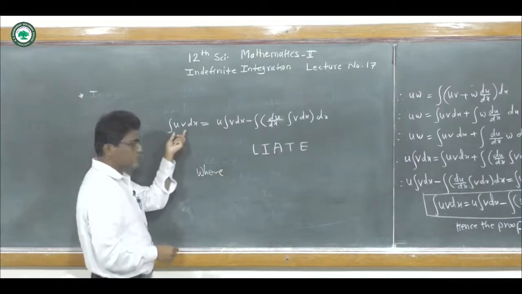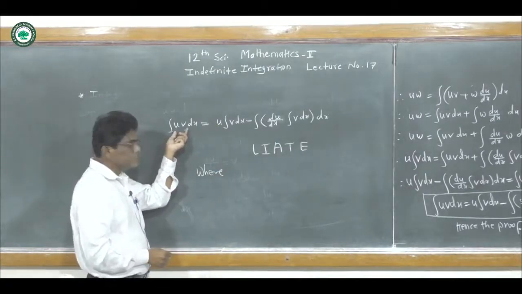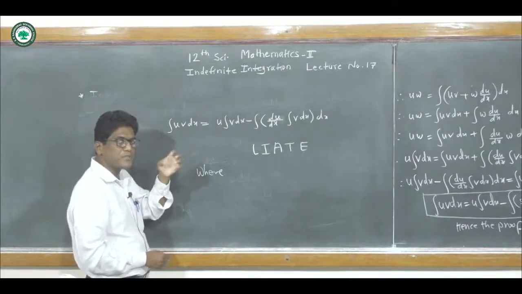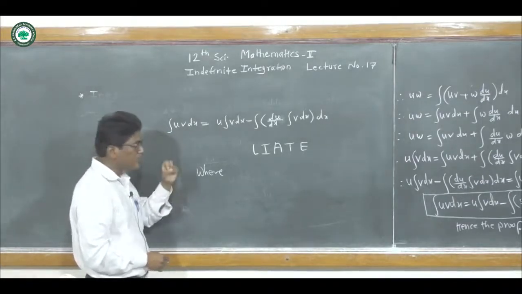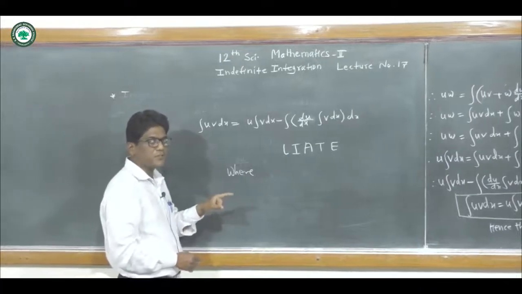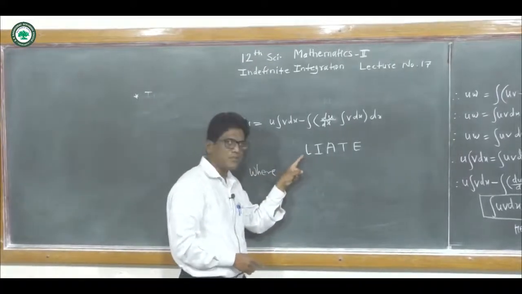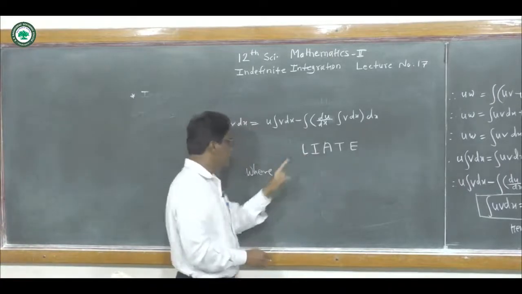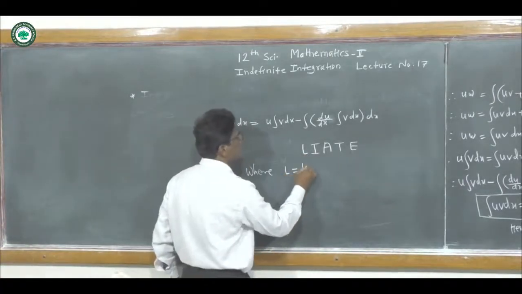When we want to take the integration of product of two functions, then it is very important to make the choice of first function, and that first function will be the one which comes first in the order of letters LIATE, where L is a logarithmic function.